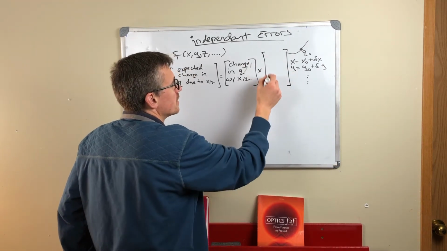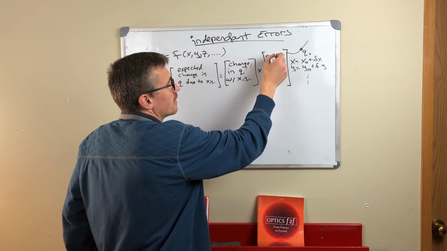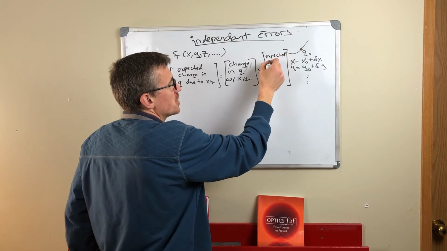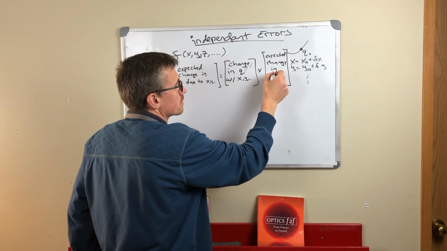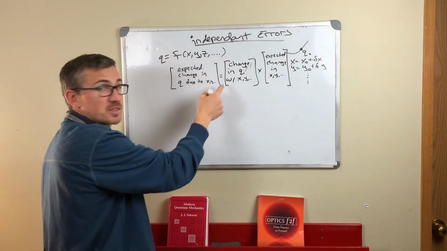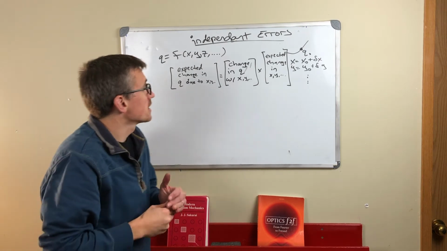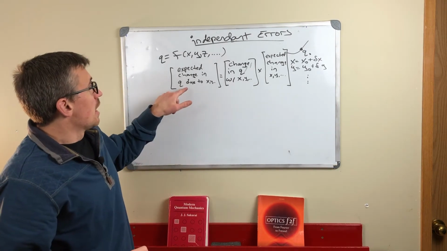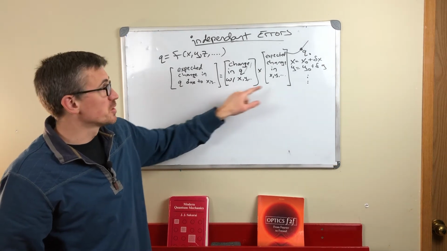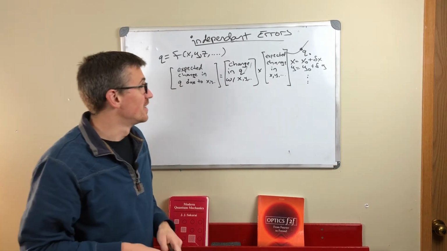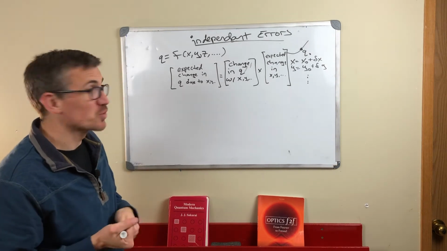Well, times the expected change in those parameters. All right, that's what it is. So basically we're saying, how much do we expect q to change? Well, it's how much it changes with the individual parameters by how much those parameters are wiggling. That's what it is. So let's write this mathematically.